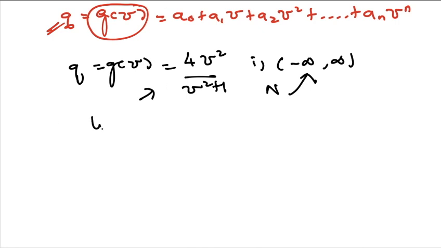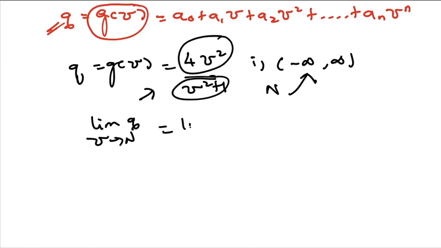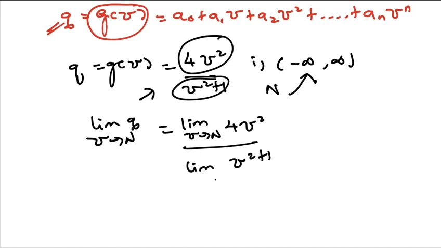Okay, so the limit of q as v approaches n, yeah? You see we have two functions. The first one is this, and the second one is this. It's actually the limit of 4v squared as v approaches n over the limit of v squared plus 1 as v approaches n, isn't it? Now in this case, if we simplify, it becomes what? 4n squared over n squared plus 1, isn't it?